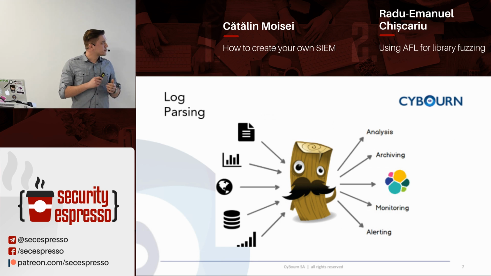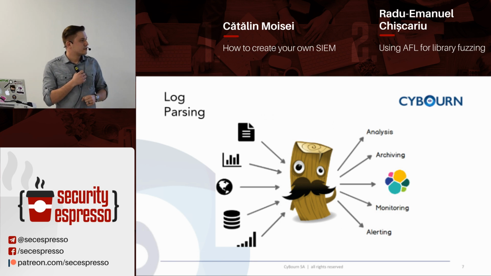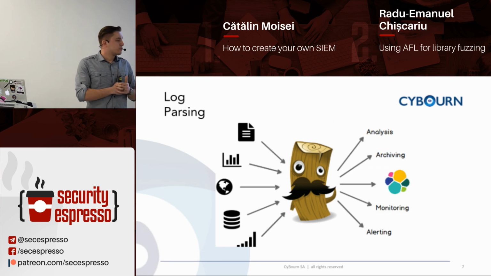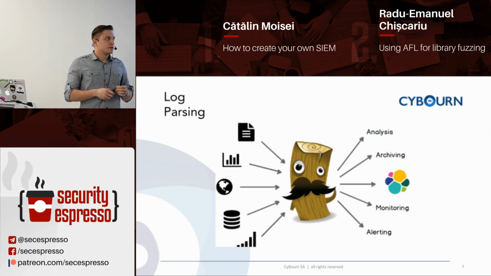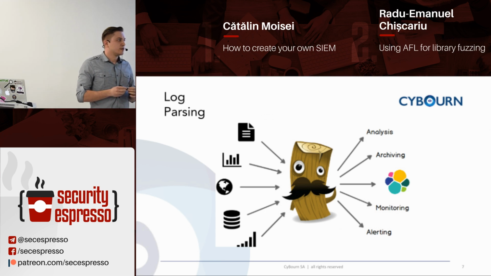A very interesting thing about Logstash and Beats is that they both have queuing mechanism inside of them. This way you don't have to add another layer of protection in between.